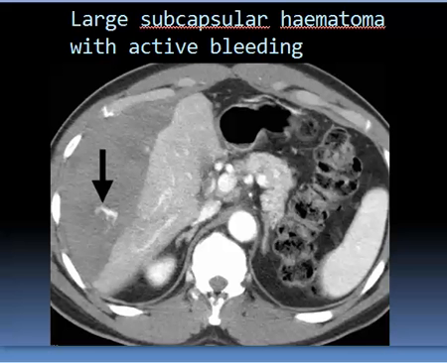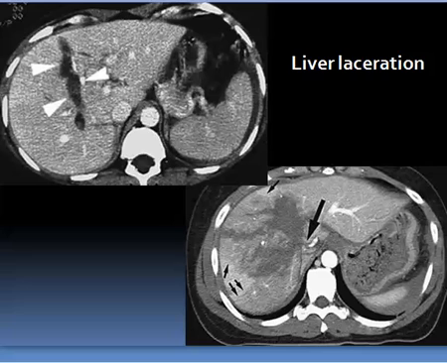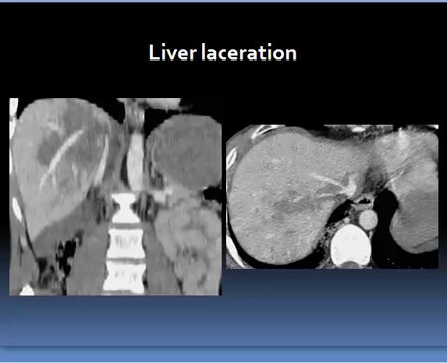This is a very large subcapsular hematoma with active bleeding. And here we have very big liver laceration, different types. And here also there is liver laceration in coronal reconstruction and axial.